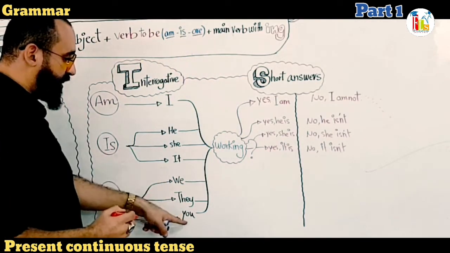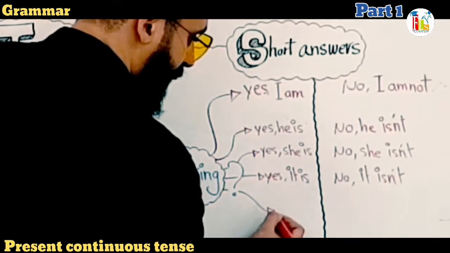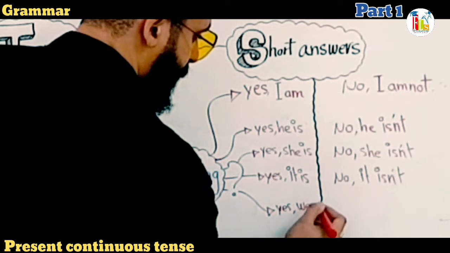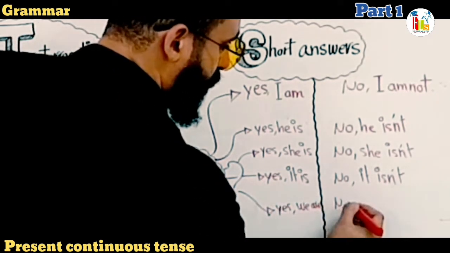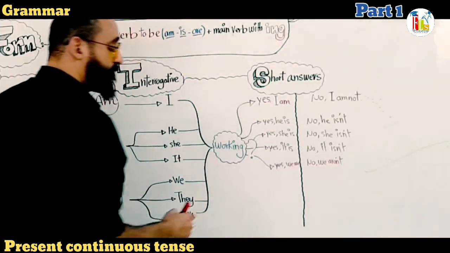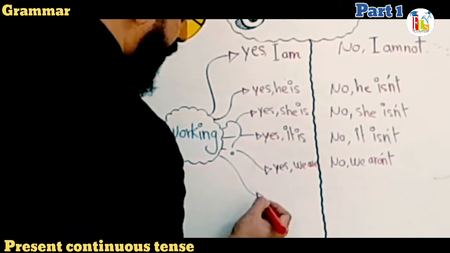And what about the we, they, and you? Are we working? Yes, we are. Or no, we aren't. Marvelous. Are they working? Yes, they are.